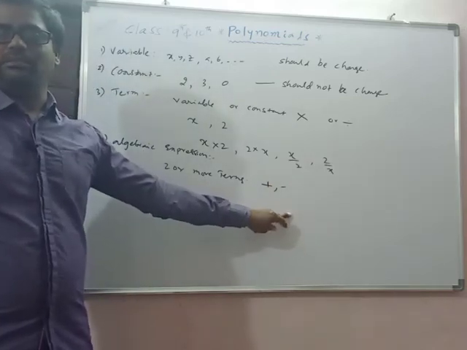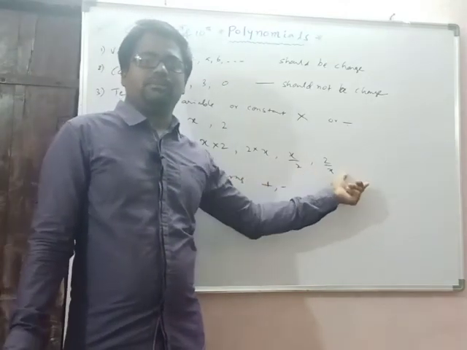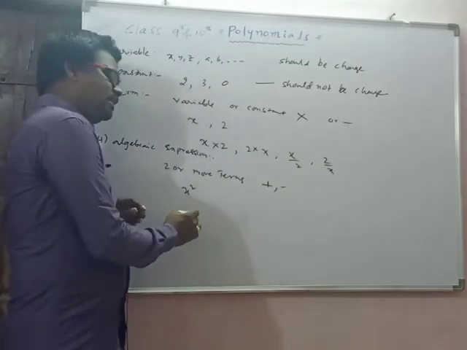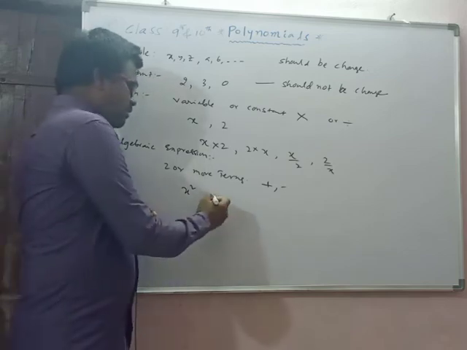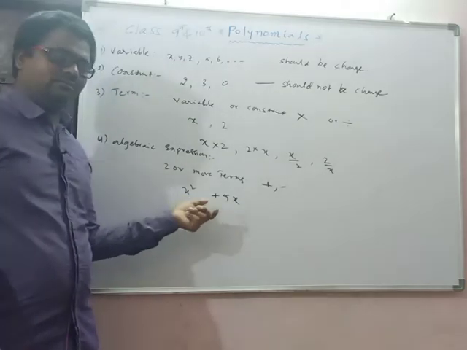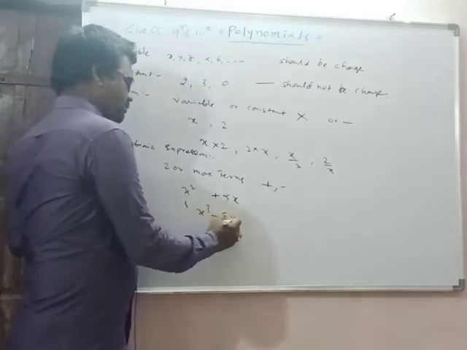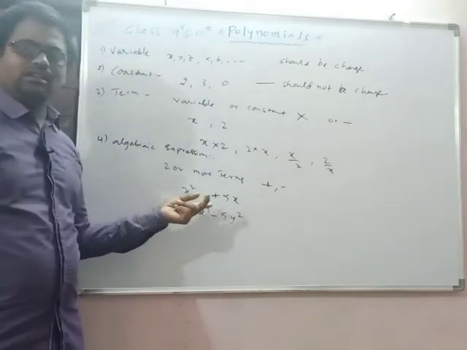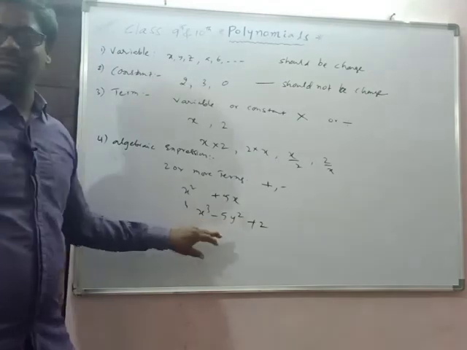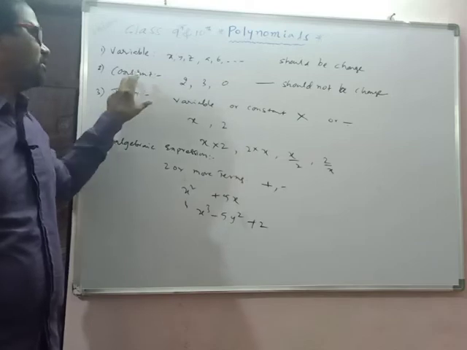Suppose x square is a term and 5x is another term, joined by addition or subtraction. Two or more means you can write any number of terms. So this is the algebraic expression, with terms, constants, variables.